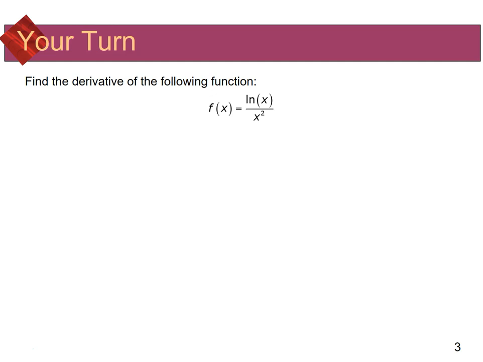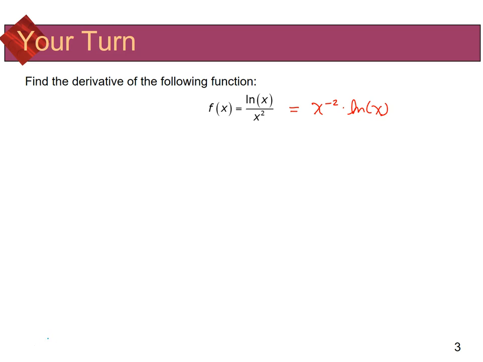Or you can change this into x to the negative 2 power times the natural log of x as well. I'm going to work under both conditions. I'll show how to do it with both situations.